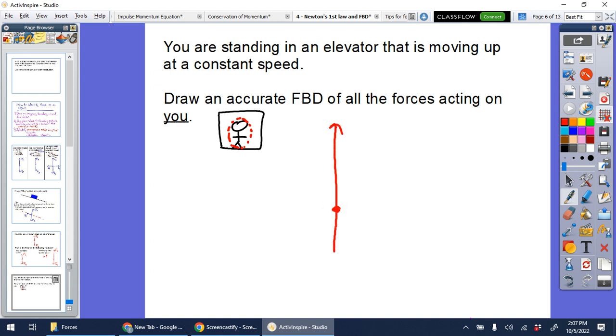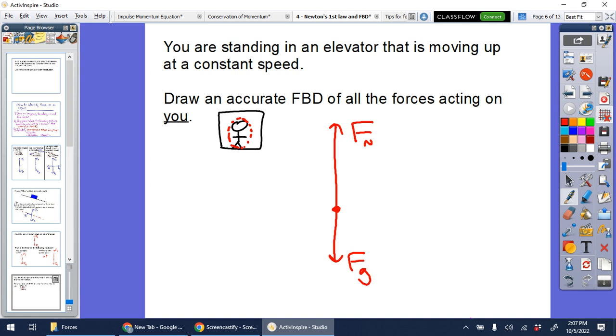Do you guys all agree with that? Why would you say it has to be longer? Because you're moving up. What do you guys think about that statement? Yeah, Knox. Well, I would say that I said it's a constant speed.